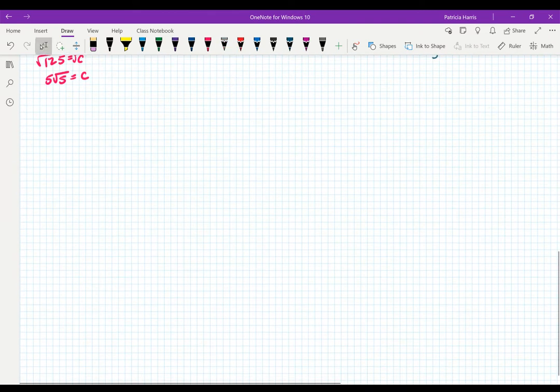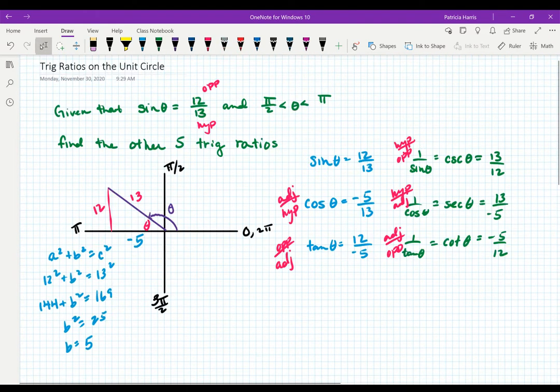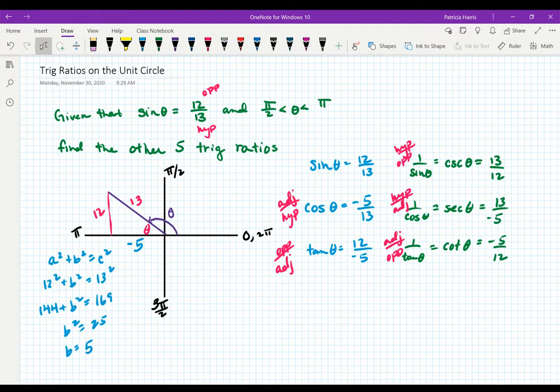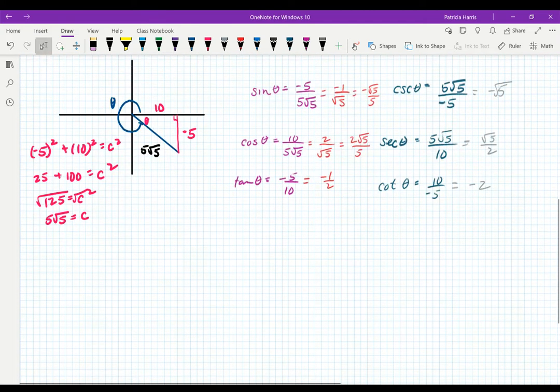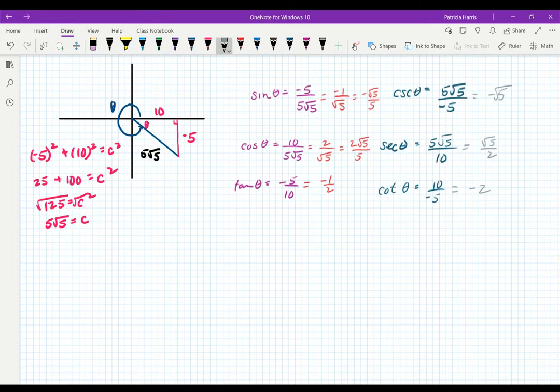So we're going to take the exact same problems. Sine is 12 over 13, and tangent is -5 over 10. This one we're in quad 2, and this one we're in quad 4.